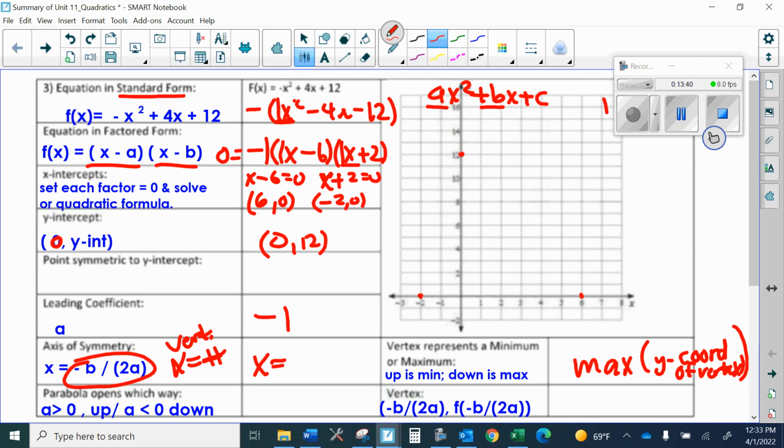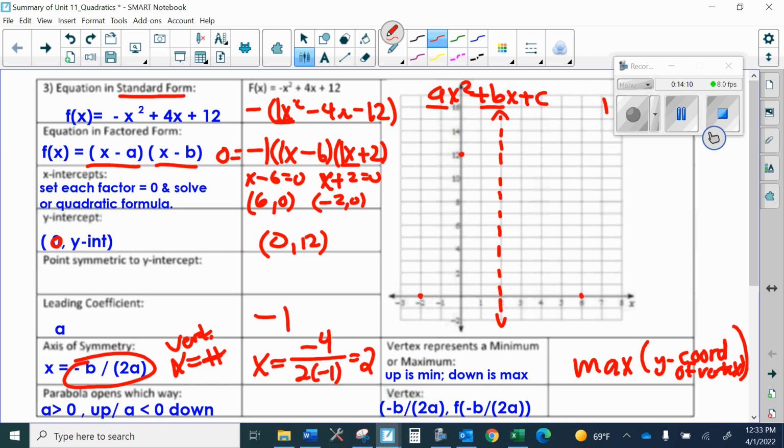Okay, so negative b is -4. Another word for negative is opposite. So the opposite of b is -4 over 2 times a, which is -1. So I have -4 divided by -2 is +2. So x equals 2, and I don't have room to write it, clear right there. X equals 2 is my axis of symmetry.